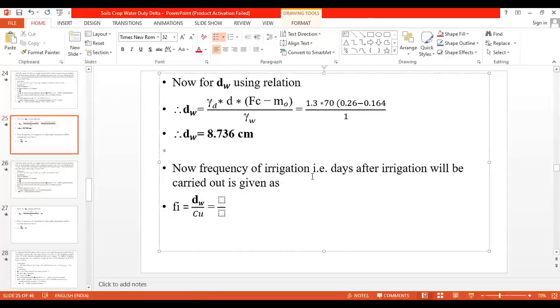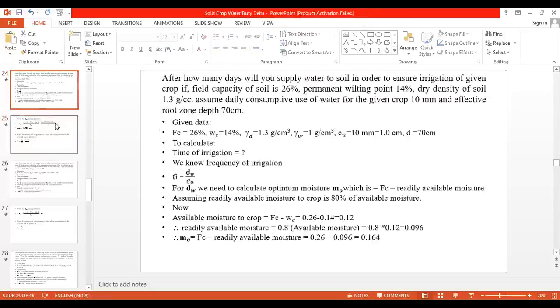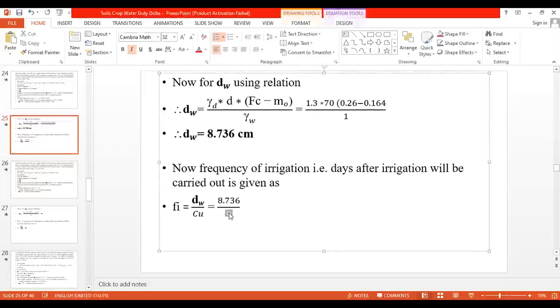For the frequency of irrigation, the days after which irrigation will be carried out is given as dW by Cu. dW is 8.736 centimeters, upon consumptive use, which they have given as 10 millimeters, that is 1 centimeter. So the answer will be 8.736 days.